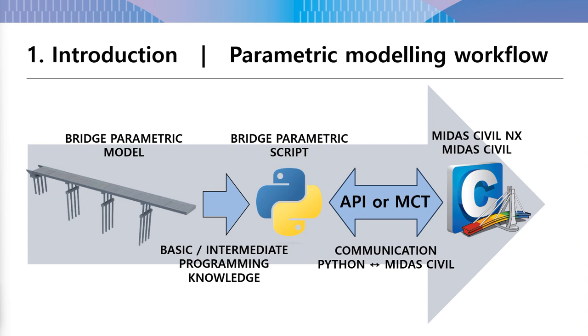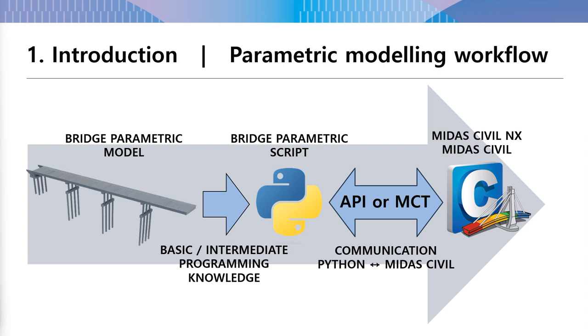This parametric script should be done in a way that makes it possible for it to communicate with MIDAS Civil or MIDAS Civil NX. This communication is done either directly in a two-way manner, usually using the API, and this is possible in MIDAS Civil NX, or this communication may be only in one way, from the script passing data to MIDAS Civil.